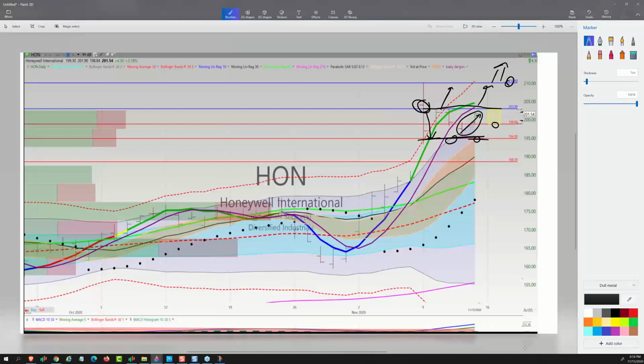I'm reluctant to short this one right here. But I think you either have to short it here or here to be able to get all the way back to 175. But you're looking at a move from 200 to 175, and that's 25 points. It's hard to see Honeywell failing that much.